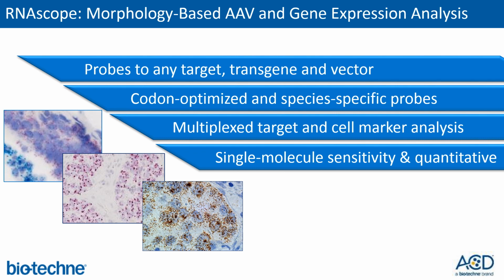We can easily design probes that will differentiate from either codon-optimized or normal human sequences against a background of mouse or non-human primate orthologs. We can multiplex these assays together, vector and transgene, as well as with any number of cell markers. And ultimately, the readouts are showing you detection of individual molecules of either vector genome or mRNA, which can be quantified with image analysis software.